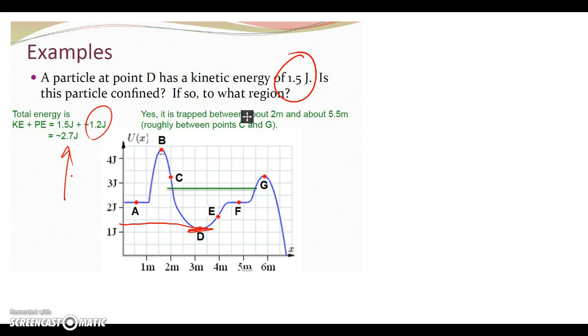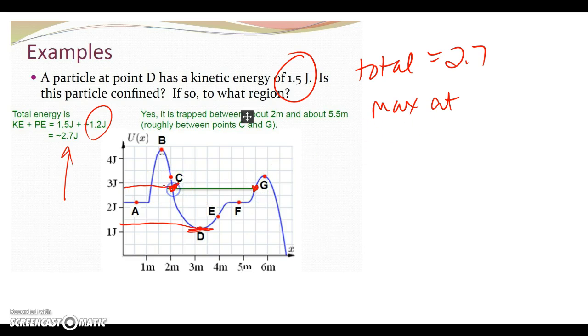That's what it's getting. It's trapped between about 2 meters and about 5.5. Because your total has to be 2.7, right? Therefore, it's going to max out at a potential of 2.7. So they said 2.7. They came over and they went to those points, right?